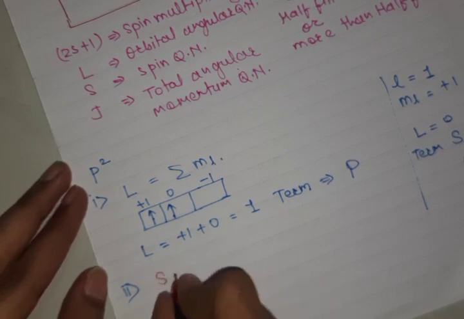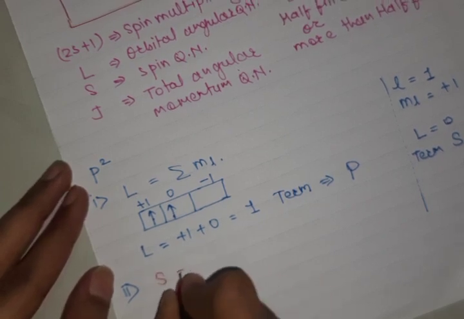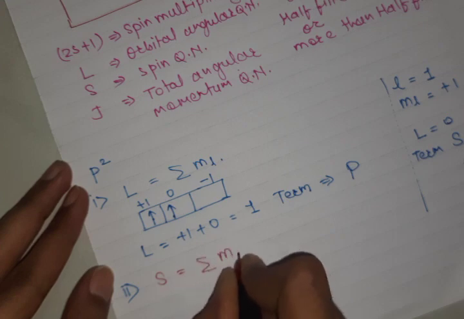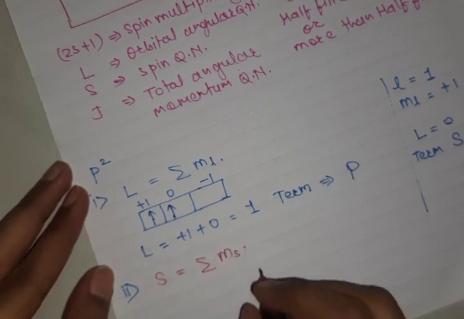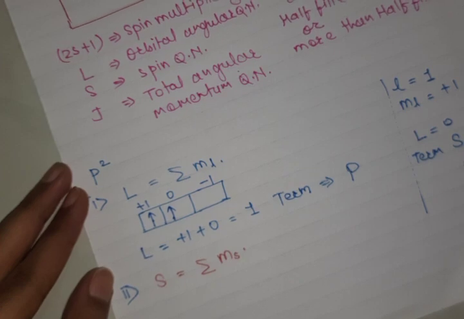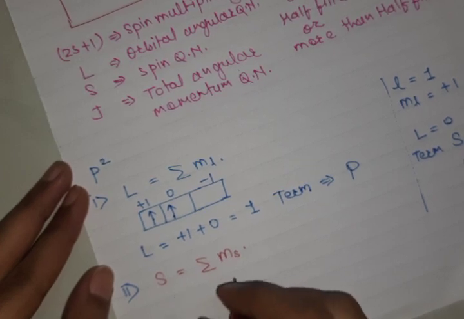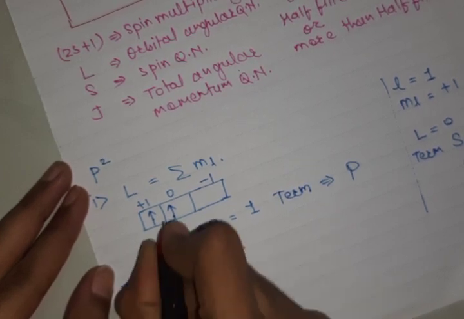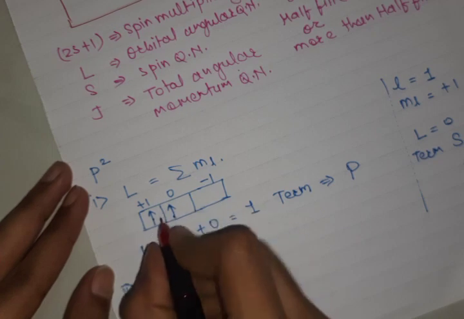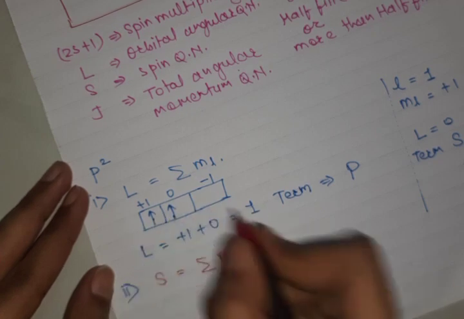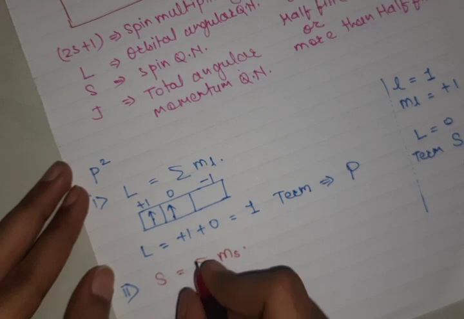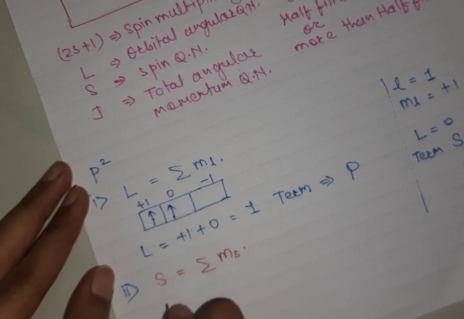So S is equal to the summation of ms values. These two electrons are in the upward direction. When the electron is in the upward direction, the ms value, or the spin value, is plus 1 by 2.